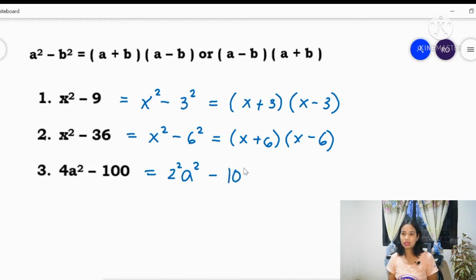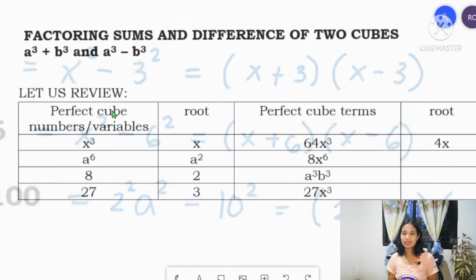So, we can write that as 10 raised to 2. Okay? So, in this way, makukuha natin ang mga factors na 2a plus 10, and then the other one is 2a minus 10. Okay, so that's it.